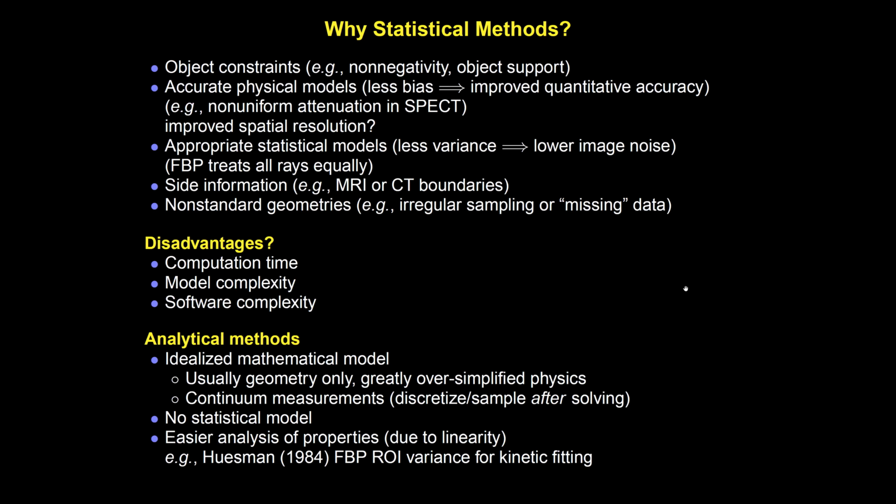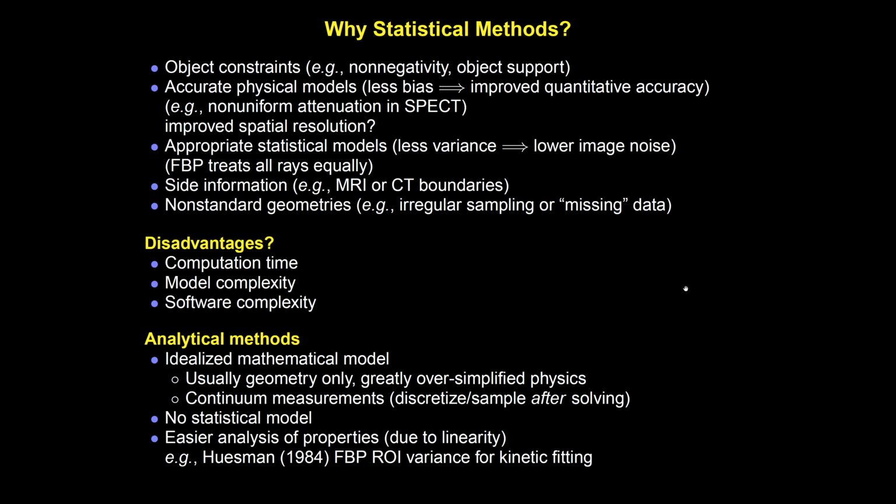For any imaging device, you need to do a lot of corrections, and you can put all these corrections in a statistical model. And of course, you can consider the noise properties of your data, particularly when you don't have many counts, so you cannot simply approximate your noise as Gaussian noise.